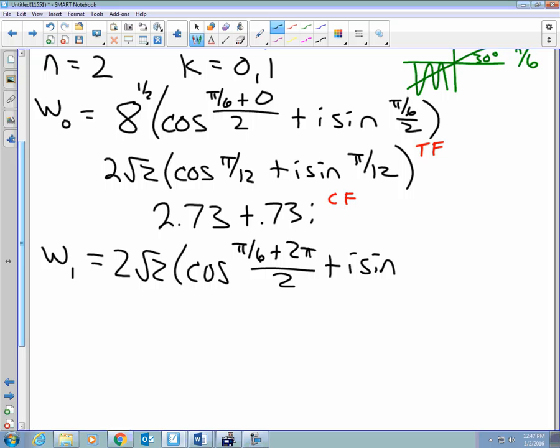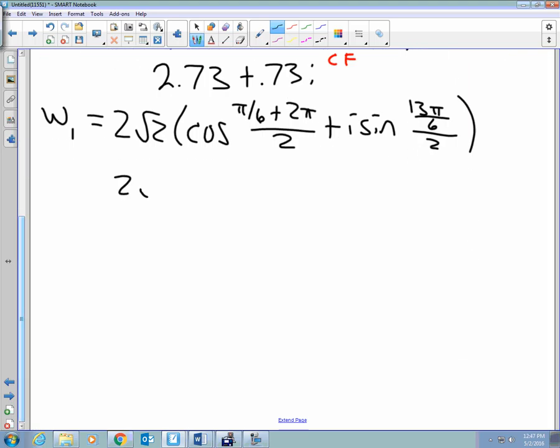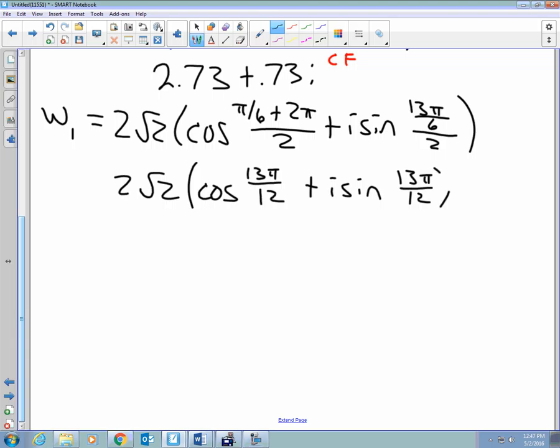Nice job. So this would be 12 pi over 6 plus pi over 6 is 13 pi over 6. What is 13 pi over 6 divided by 2? Thirteen pi over 12. Nice job. So 13 pi over 12, that's 195 degrees.